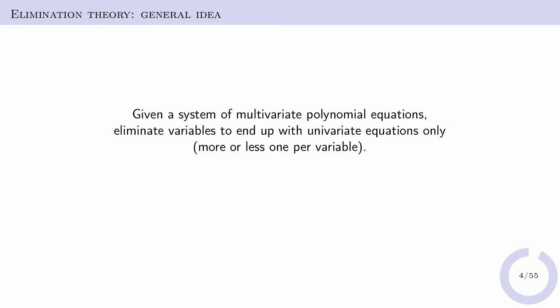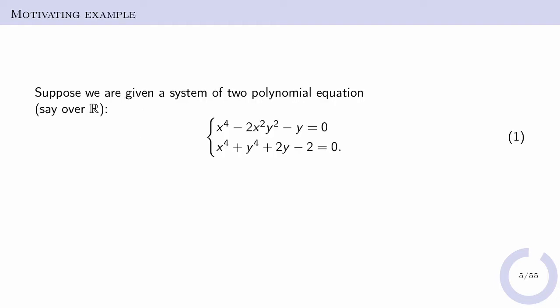The whole idea is to take a system of multivariate polynomial equations and eliminate all the variables except possibly one. So just to give a concrete example, consider the following system of two bivariate polynomial equations. On this example, I will explain how elimination theory works.